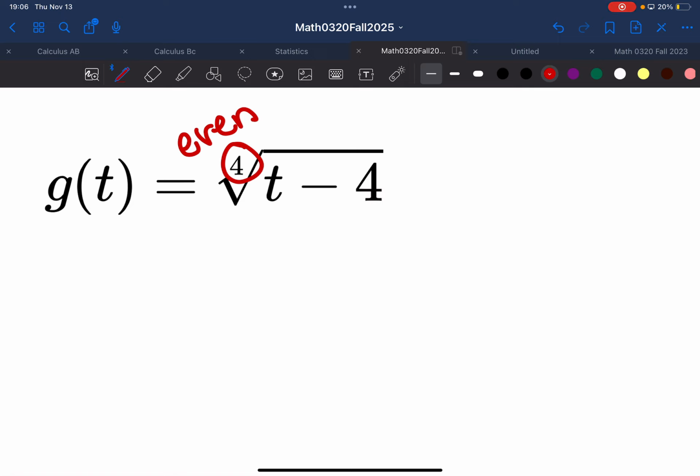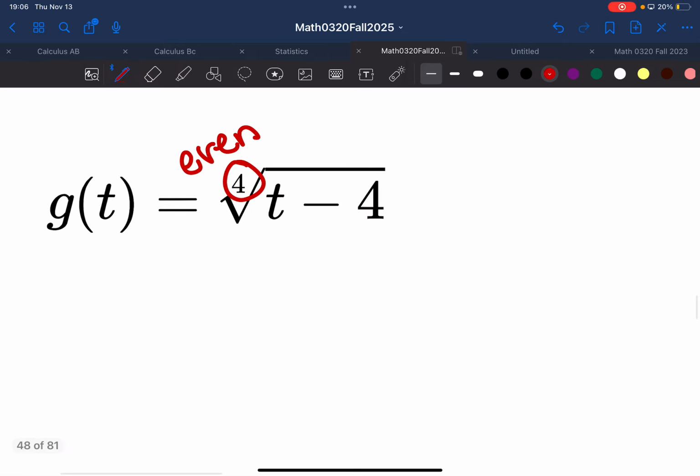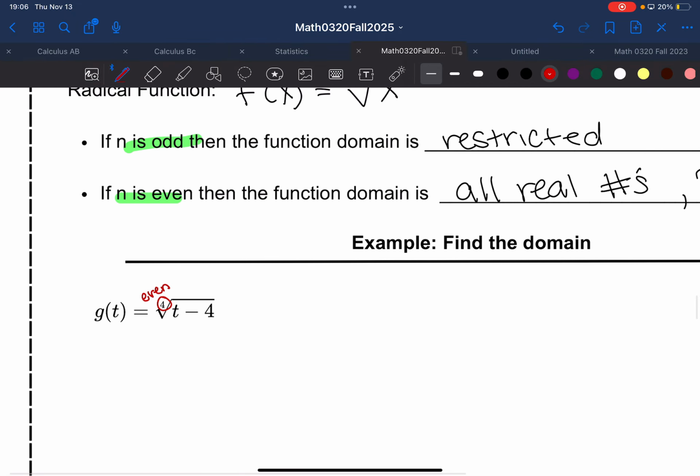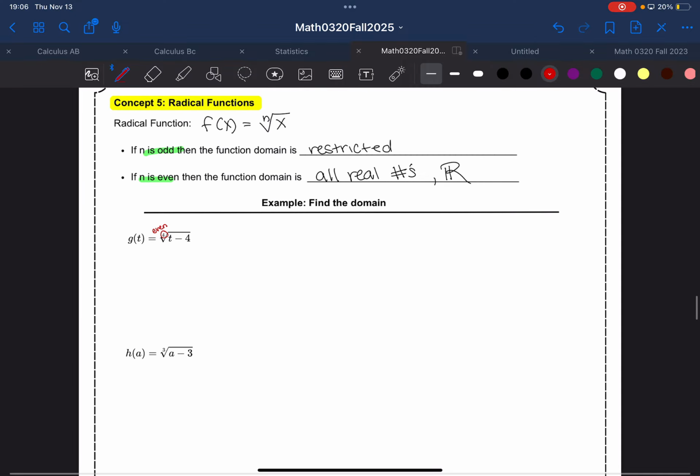Restricted, right? In order to find out what the restriction is, we know that this radical cannot... So it's right here, if n is odd, the function is restricted. I mixed them up.